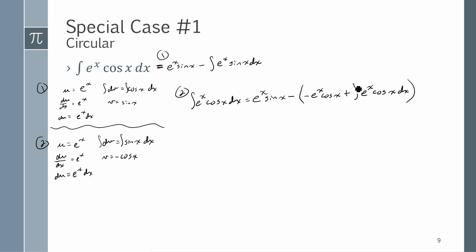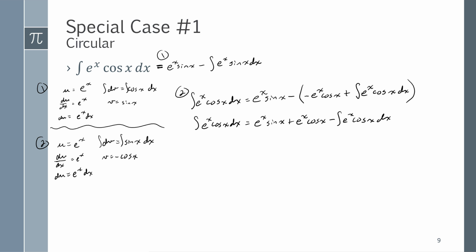So that's an integral sign. Make that clearer to see. Sorry. I now notice, wait a minute, the integral I'm at with is the one I started with. So let me get rid of my parentheses here. So integral of e to the x cosine of x dx equals e to the x sine of x plus e to the x cosine of x minus the integral of e to the x cosine of x dx.